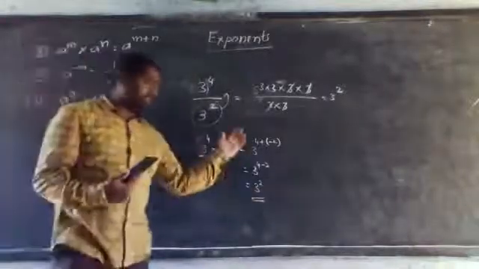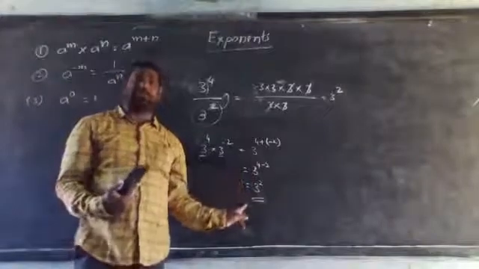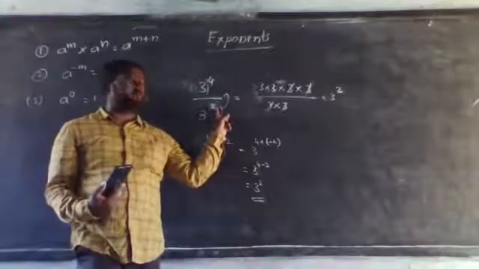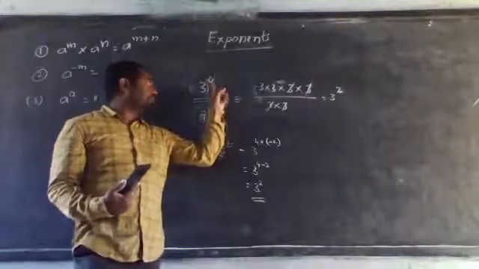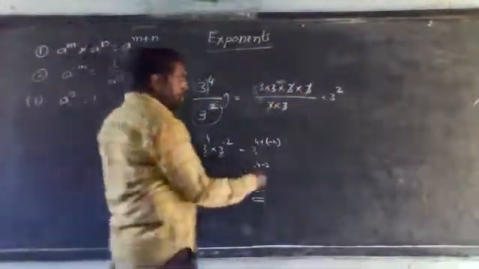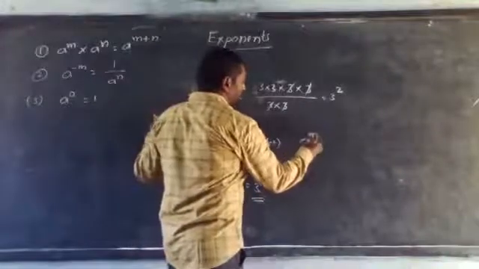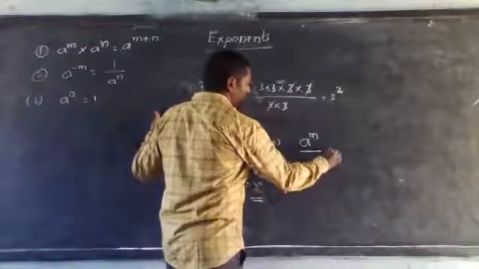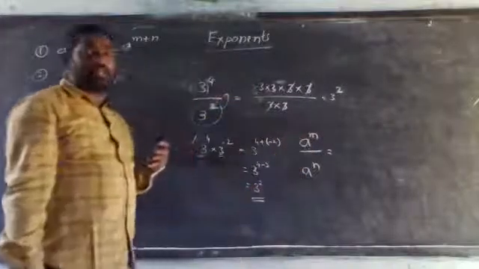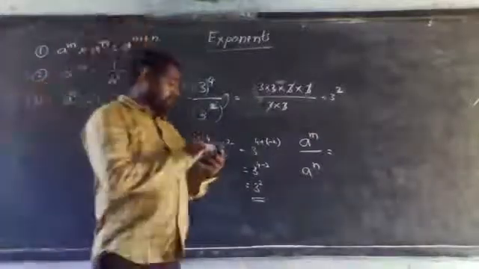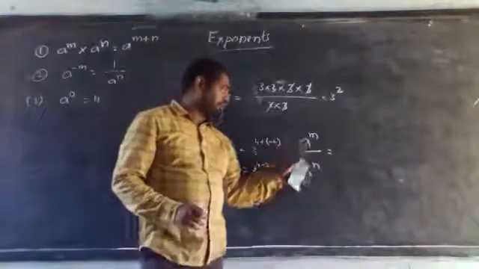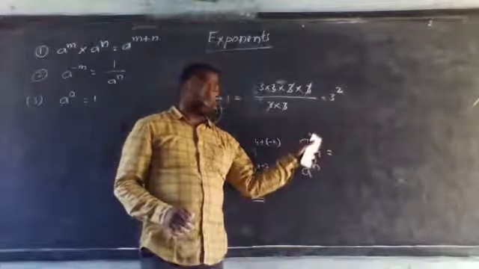So by observing this procedure, we noticed that simply 3 to the power of 4 by 3 to the power of 2 means simply 3 to the power of 4 minus 2. We do 4 minus 2 and we get the answer. So from this example problem, we understood that a to the power m by a to the power n, if the bases are equal but one exponent is in the denominator and another exponent is in the numerator, then simply we are subtracting the exponents.